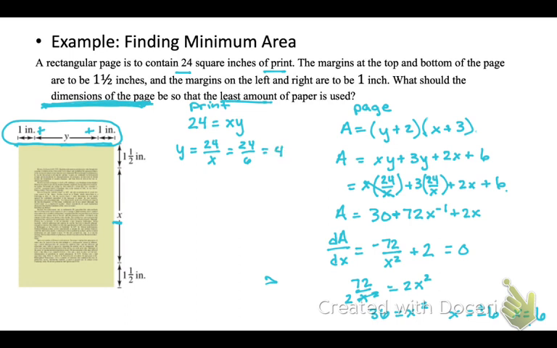And I need to plug them into the dimensions of the page, right? So 4 plus 2 by 6 plus 3. And we get 6 by 9 inches.